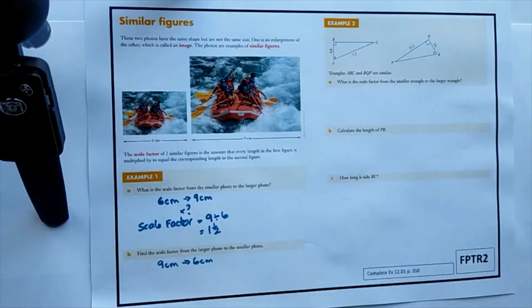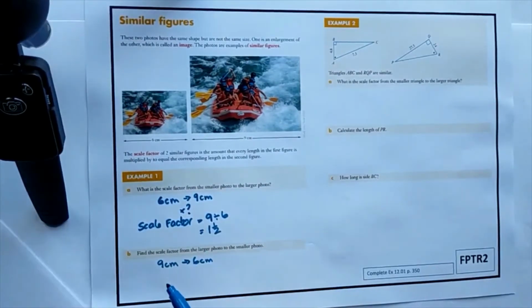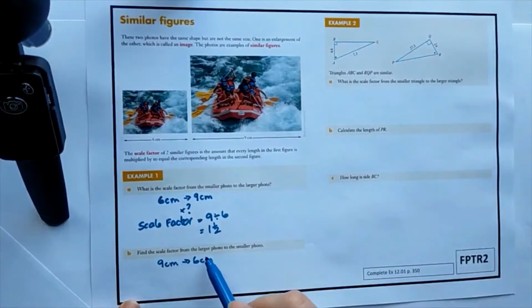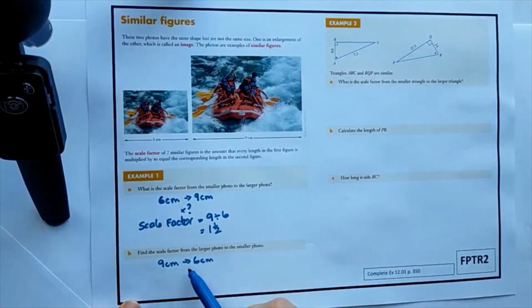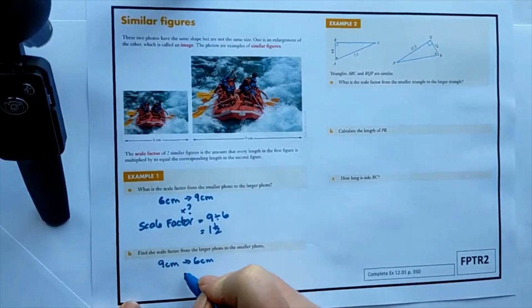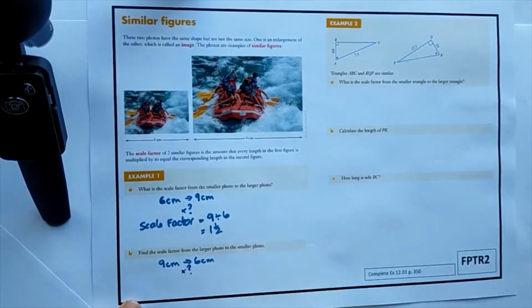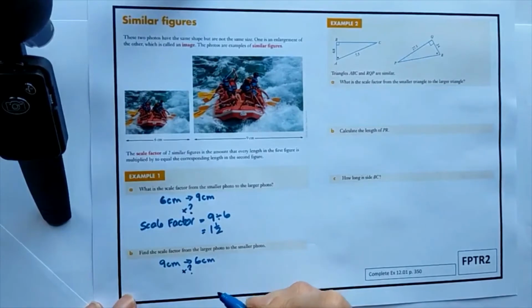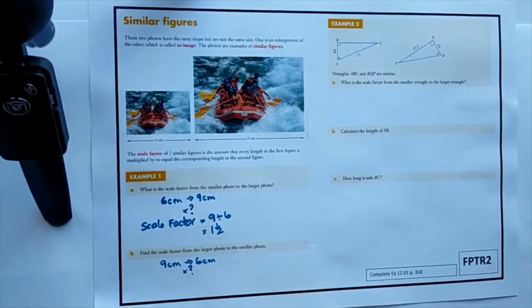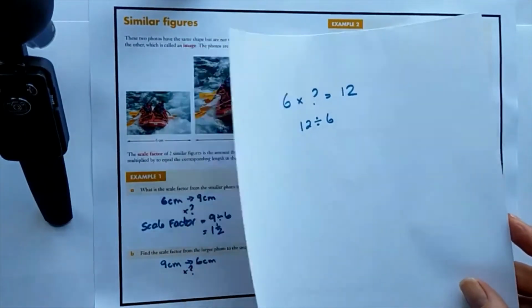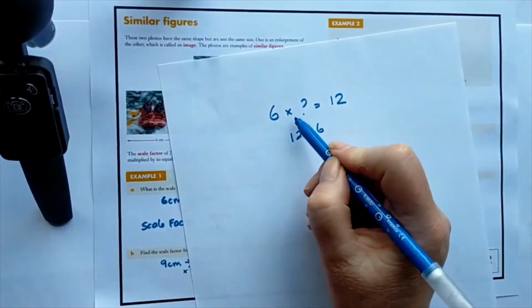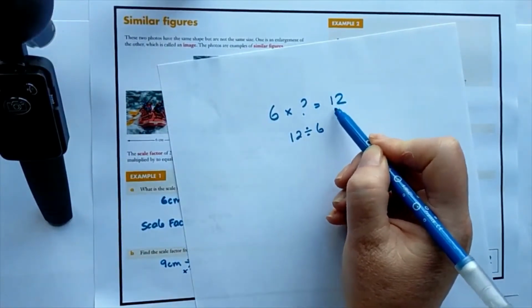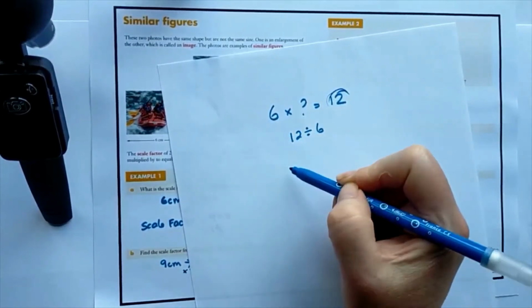So in our second example, or part B I should say, we need to find the scale factor from the larger photo to the smaller photo. So we're going from 9 centimetres to 6 centimetres. And we need to work out what we're multiplying by to get there. Now, when we were looking at our multiplication before, we said that if it was 6 times what equals 12, we would do 12 divided by 6.